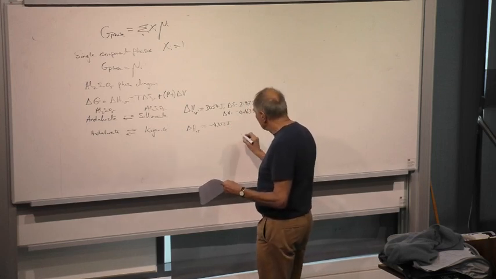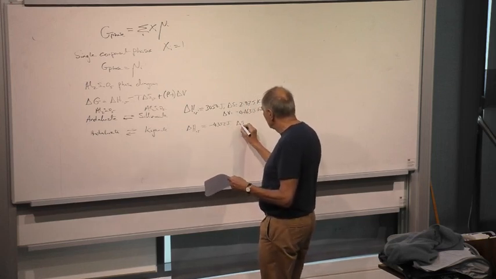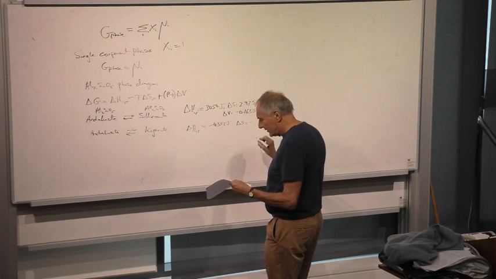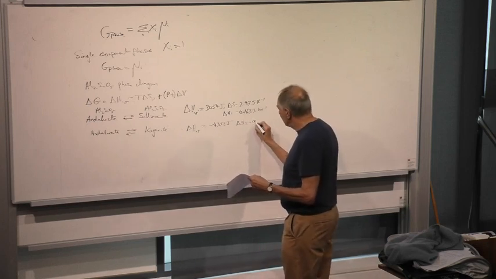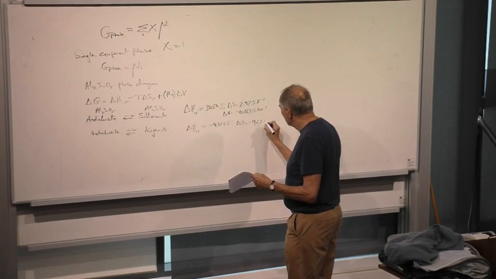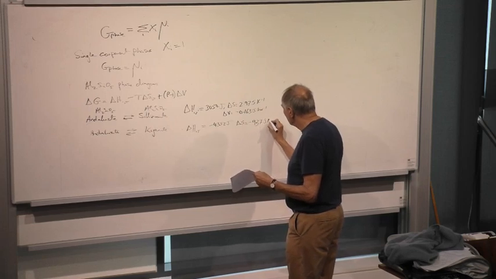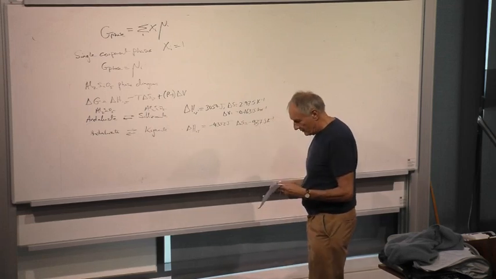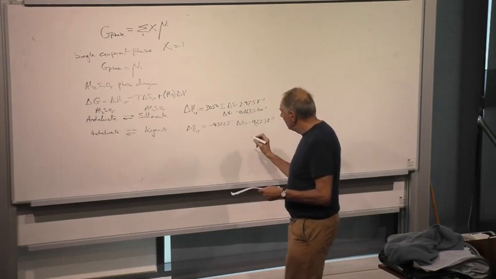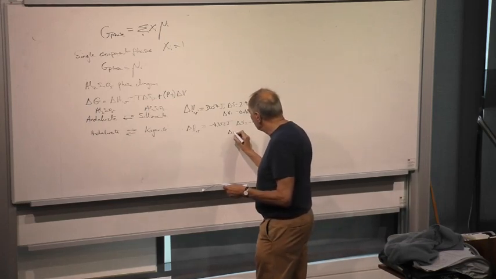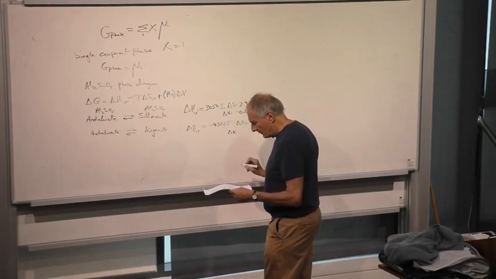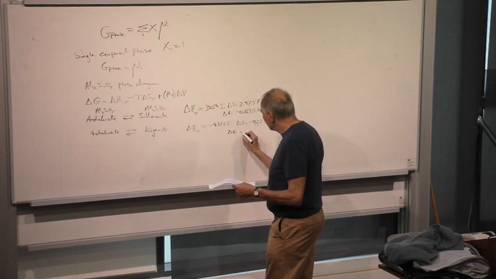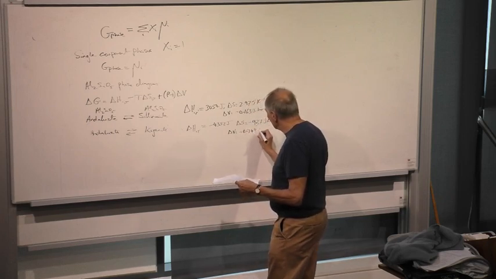Delta S is minus 9.37 joules per K. And delta V is minus 0.744 joules per bar.